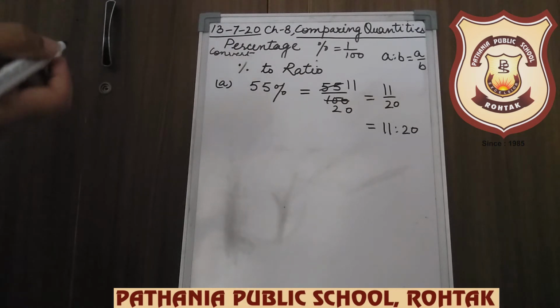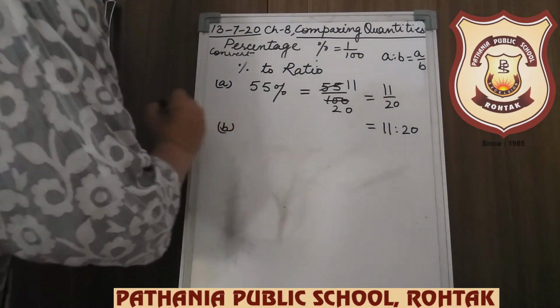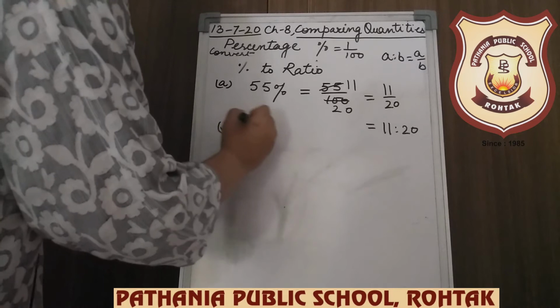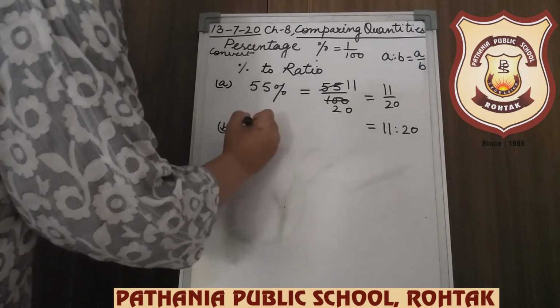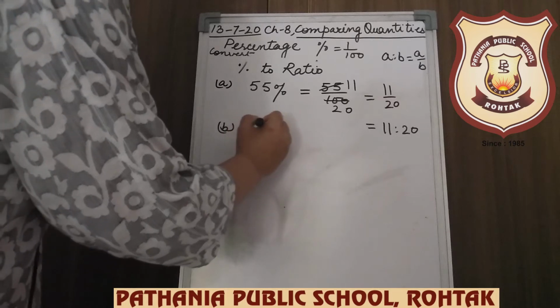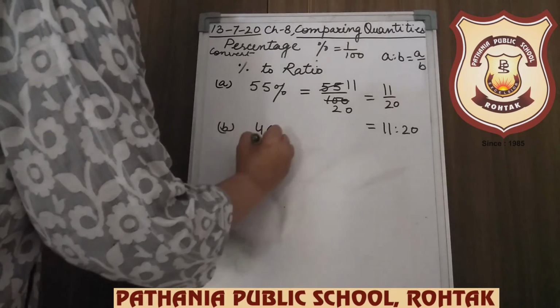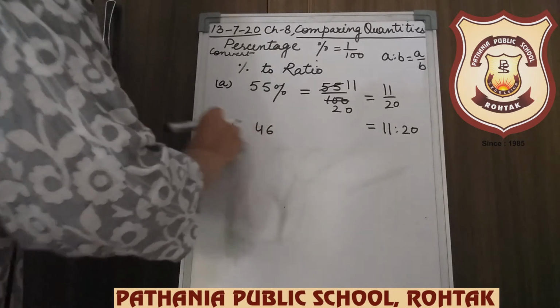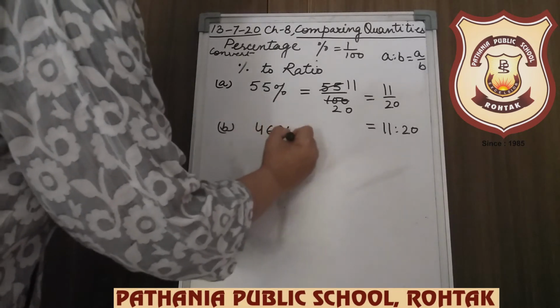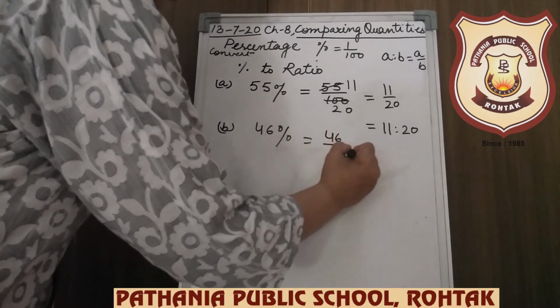And if I take one more example, 46%. So this becomes 46 upon 100.